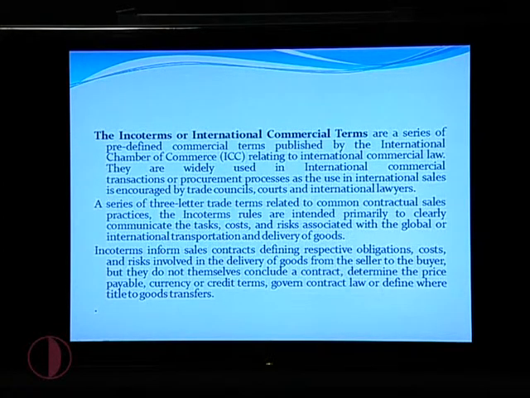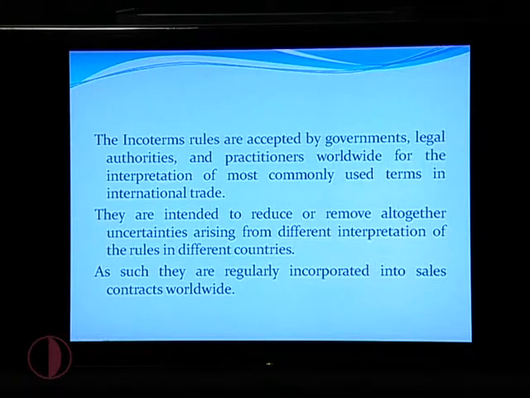Incoterms inform sales contracts defining respective obligations, costs and risks involved in the delivery of goods from the seller to the buyer, but they do not themselves conclude a contract, determine the price payable, currency or credit terms, govern contract law or define where title to goods transfers. The Incoterms rules are accepted by different governments, legal authorities and practitioners worldwide for the interpretation of most commonly used terms in international trade.